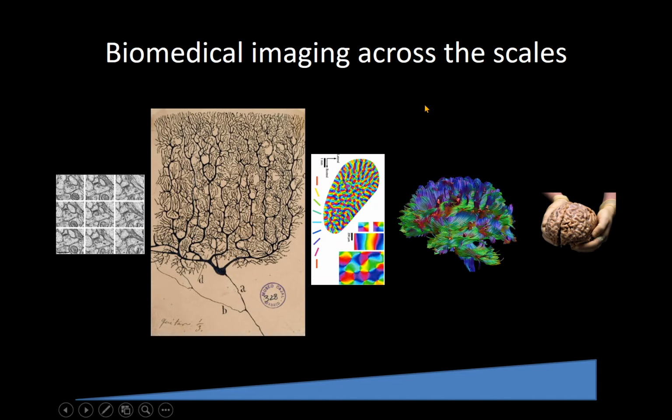This is a famous image from the visual cortex of monkeys, so that's starting to be invasive here. This is in the late 19th century, thanks to a breakthrough both in staining and also in microscopy, that we could start looking at individual neurons. So this is a beautiful drawing by Cajal. And then today we have serial sectioning electron microscopy.